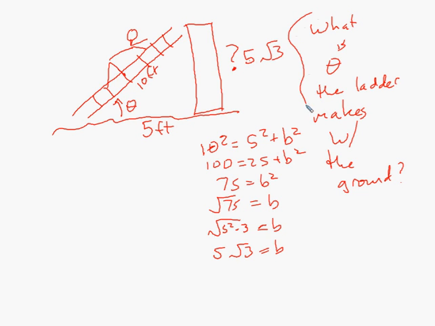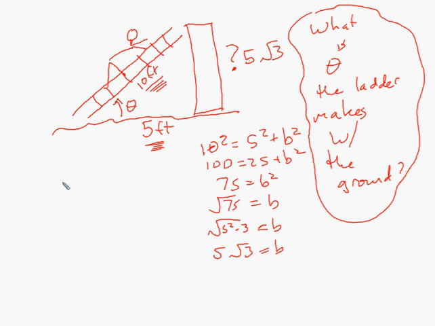Now let's answer this. Now I want to avoid using things that I calculated, and I calculated this side. So I'm going to use only the given information if possible. That's that 10 and this 5. So using my trig functions, and by trig functions I mean our basic 3, sine, cosine, and tangent, of those 3, which could I use using these two sides?